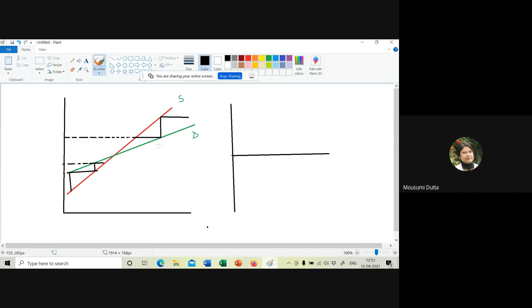We have considered beta 1 greater than 0, beta 2 greater than 0. And we have considered mod beta 1 less than mod beta 2, which indicates 1 by mod beta 1 greater than 1 by mod beta 2. And this indicates supply and slope of supply.